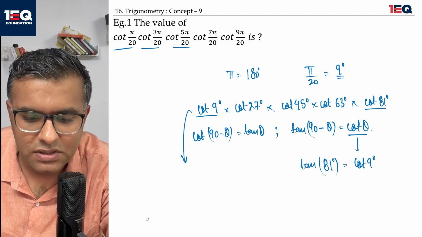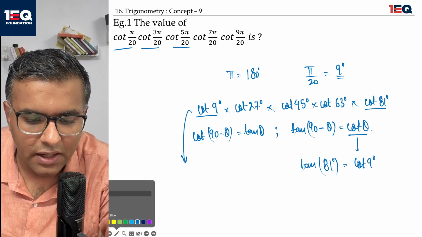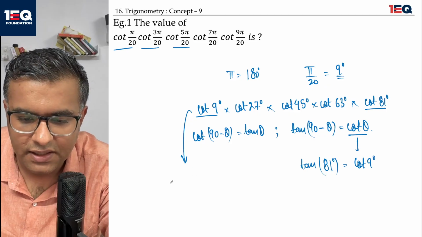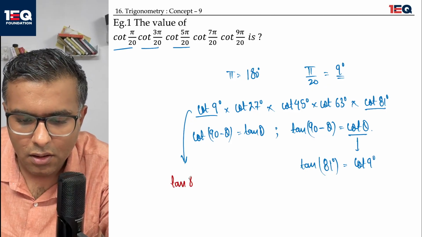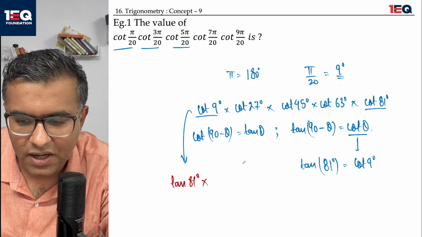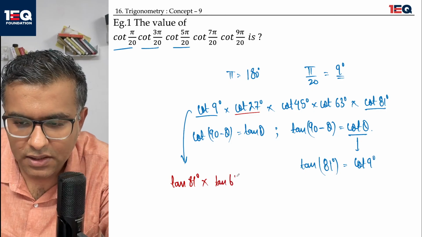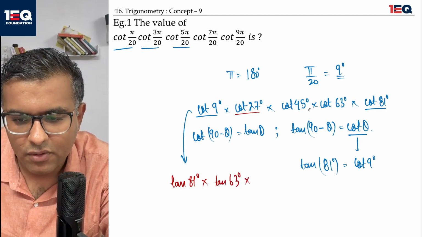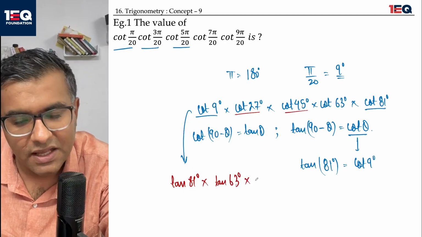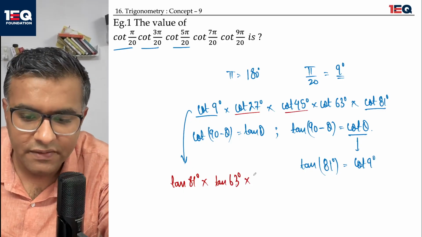So I'll use this here and say tan 81 degrees multiplied by, doing the same thing with this cot, making it tan 63 degrees. I would let the cot 45 remain there as it is. Why? Because cot 45 is equal to 1.